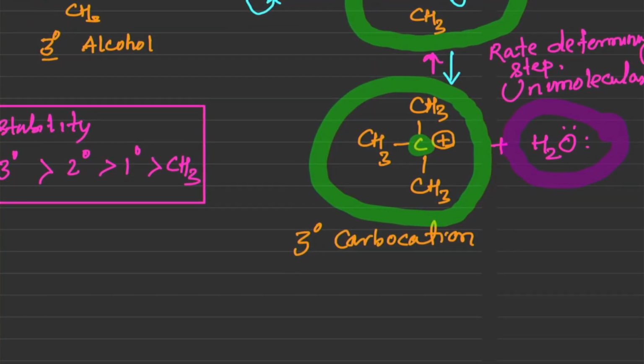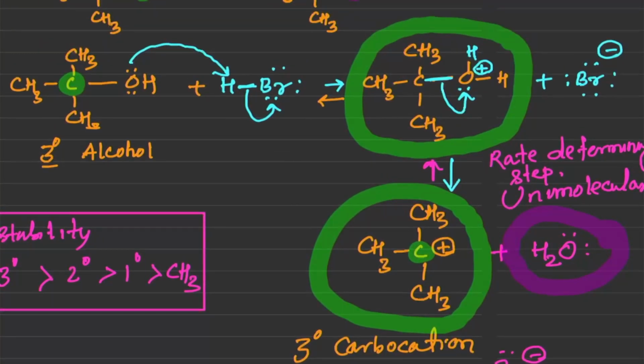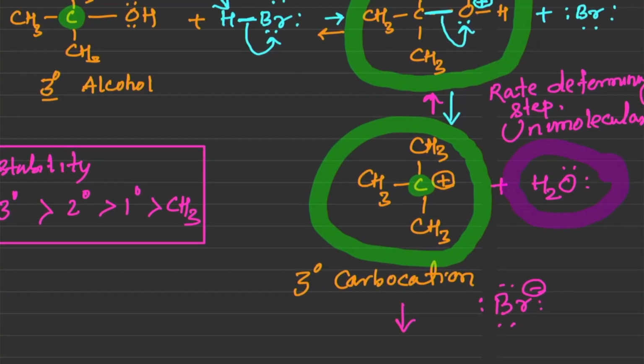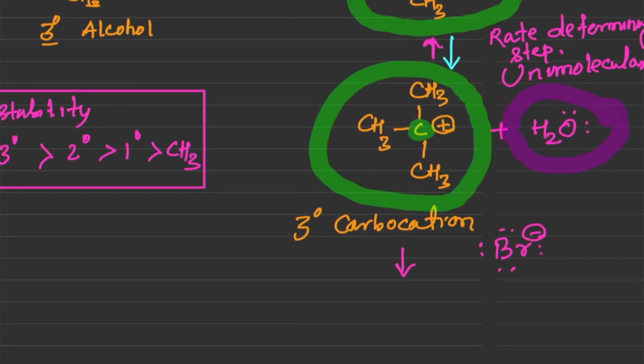So what would happen is, we know that there is a Br minus chilling in our reaction. Remember, don't forget the Br minus. We created the Br minus in our step before. So if the Br minus comes and attacks, that would make us this.